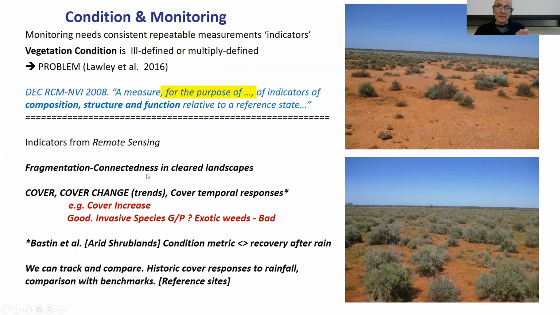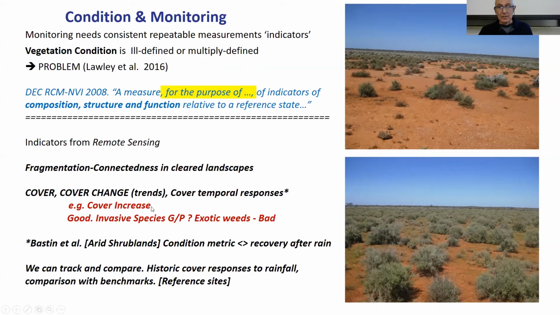Obviously, in cleared landscapes, the kinds of images you've just seen can inform whatever metrics you have about fragmentation or connectedness of vegetation. And the cover has a lot to do with condition. Here's the example from the rangelands.